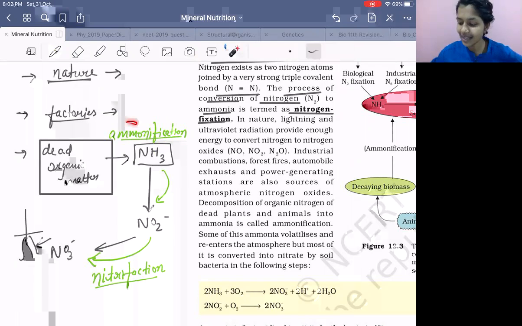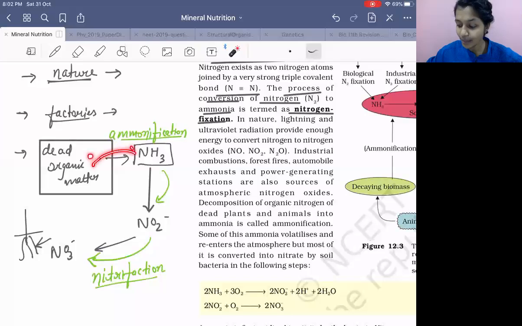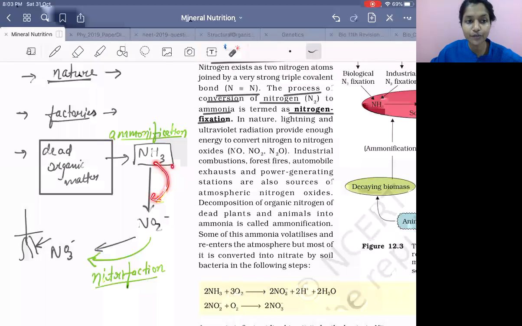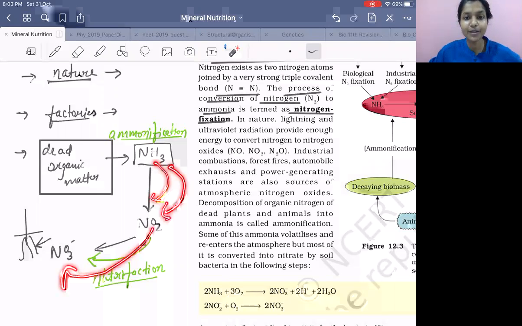Now, how is this possible? It is possible with the help of bacteria. The bacteria which help in converting the nitrogen found in dead organic matter into ammonia are called ammonifying bacteria. The bacteria which help in conversion of ammonia into nitrite and nitrate are called nitrifying bacteria.